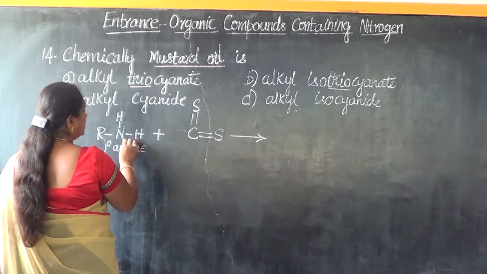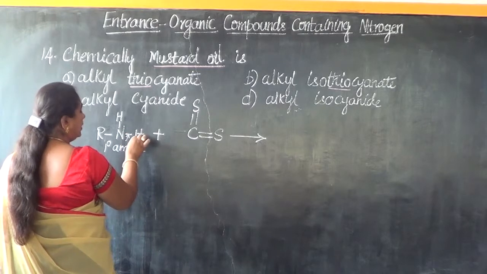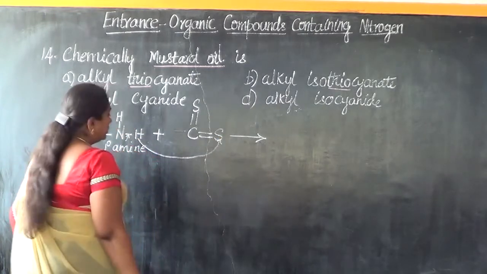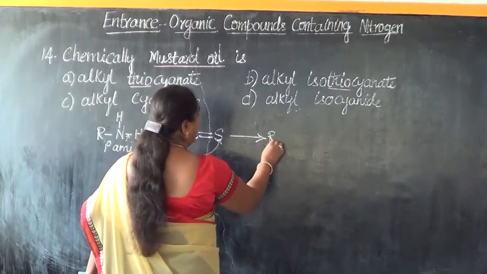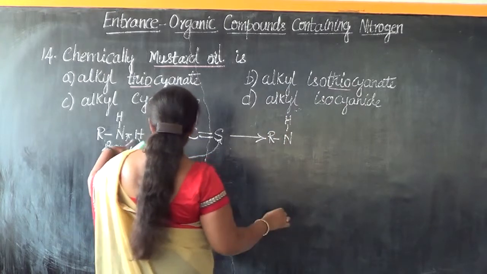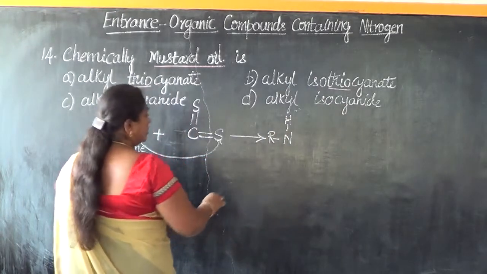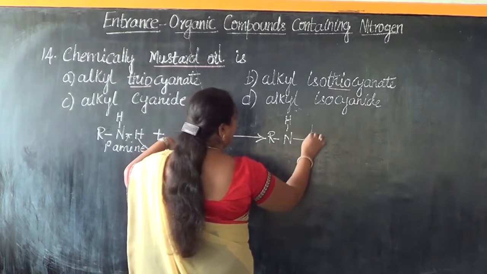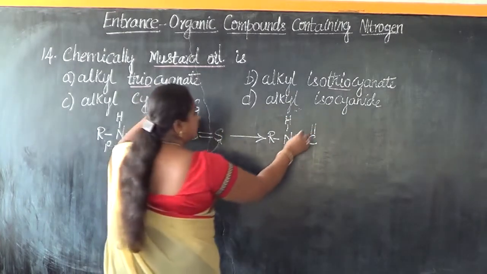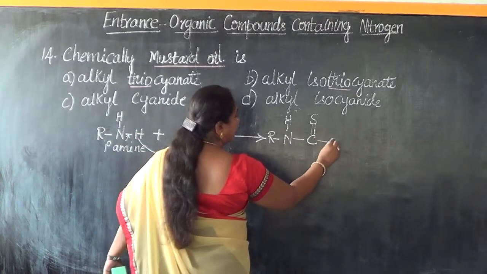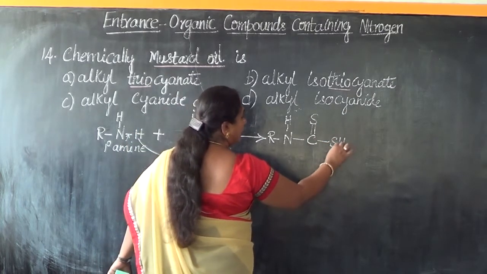This nitrogen-hydrogen bond cleaves, and this will take an attachment with sulfur. So we are going to get R, N, H, this H linked, and in this place it is linked with C, then the C is linked with sulfur, then one by double bond, one more sulfur with single bond and SH.